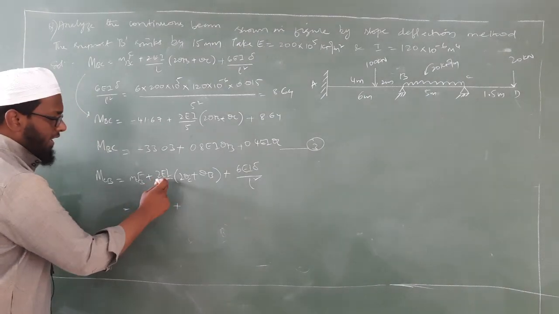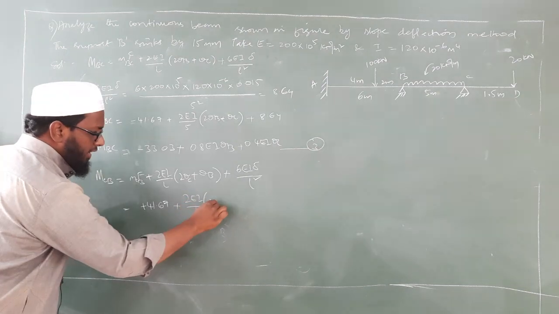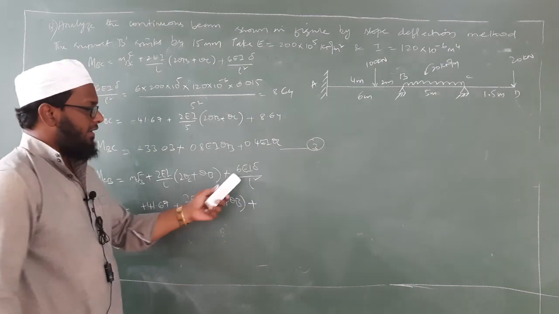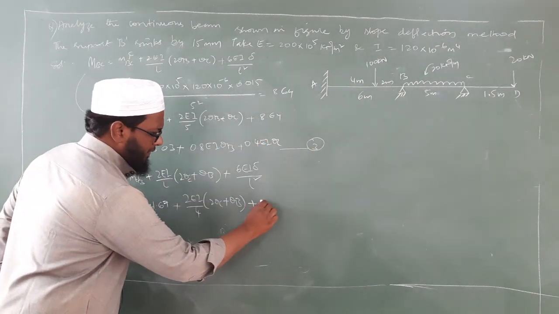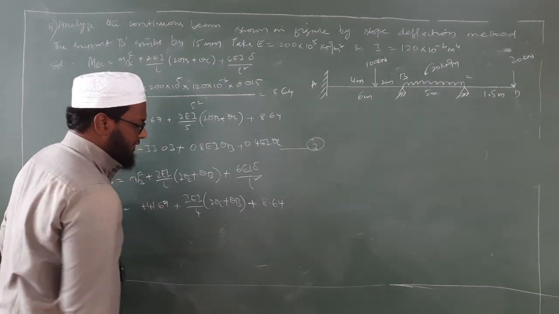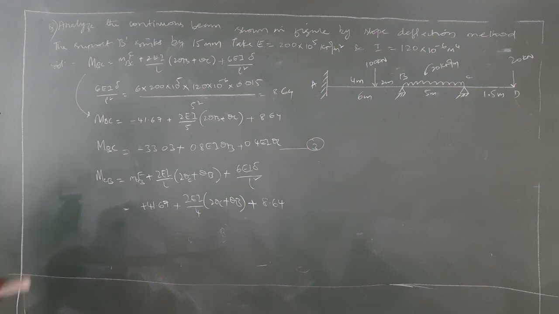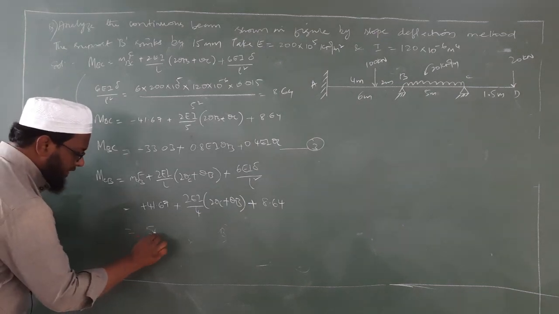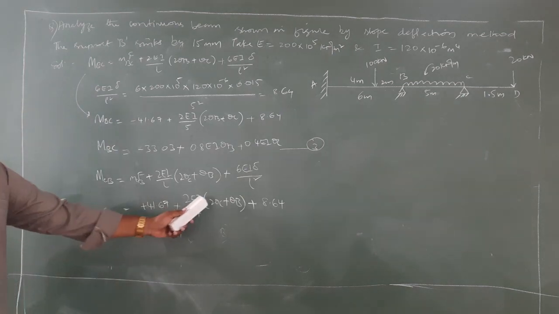Plus 2 EI by 4 into 2 theta C plus theta B plus 6 EI delta by L square is how much we have? 8.64. Can you solve this one? 41.67.